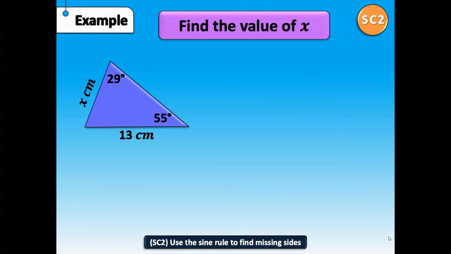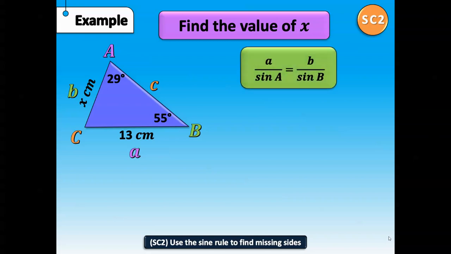So we want to find the value of x. So if we label up the triangle, and it doesn't matter which one's A, B, and C, as long as the side is opposite the angle. So now that I've labeled everything up, I can use the sine rule. a over sine A equals b over sine B, and substitute the values in.